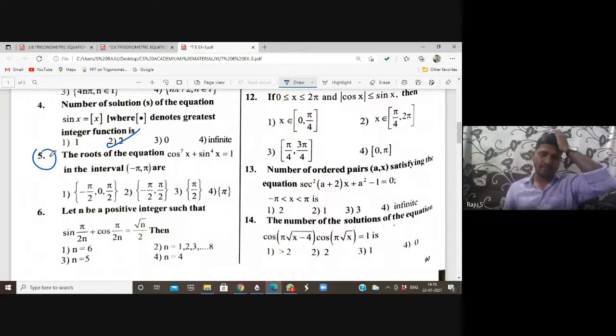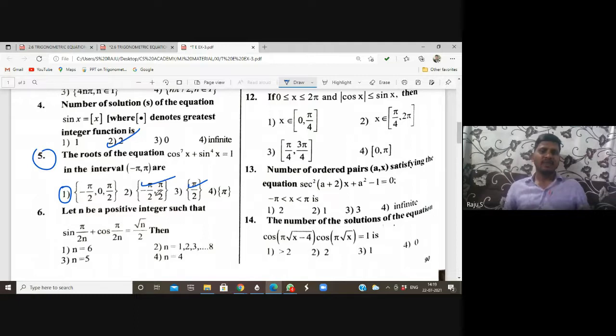Question number 5, simply option verification. Can you tell me which of the following options is correct? If the first option is right, then the second and third are also right, so we can consider only the first option.